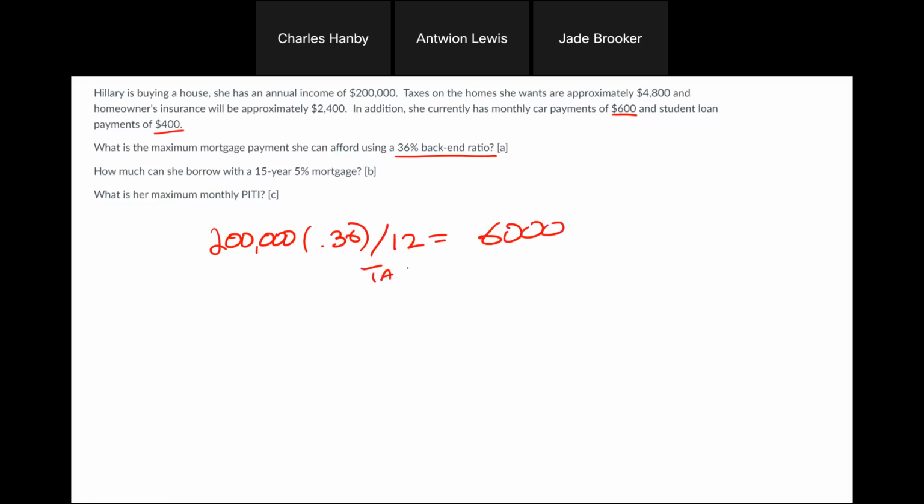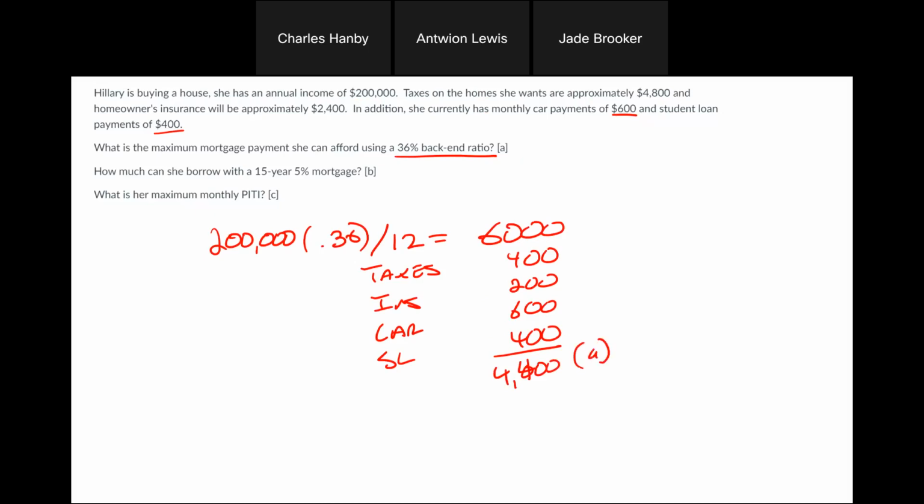Our taxes are 400, insurance 200, car 600, and student loans 400. So 6,000 minus 1,600 is $4,400. That's A.